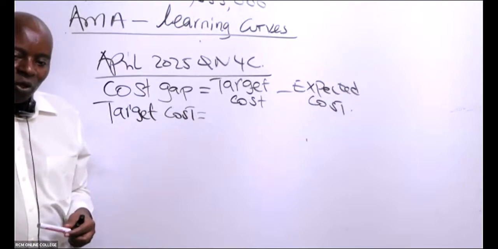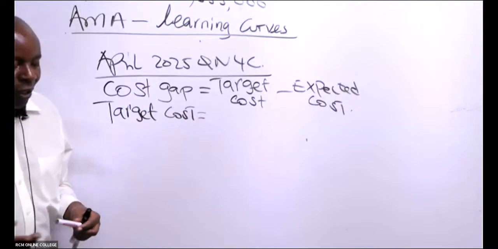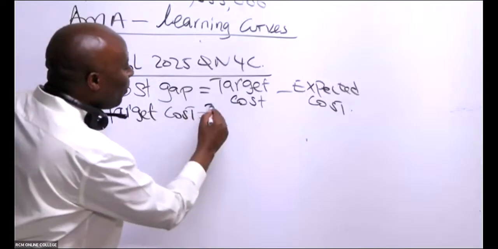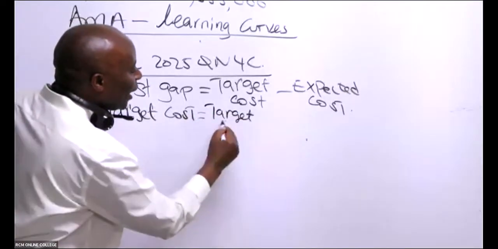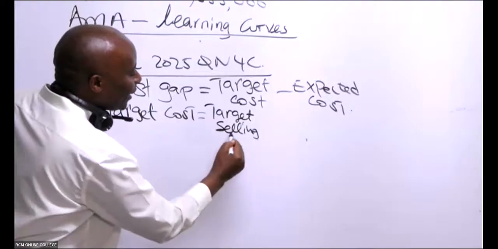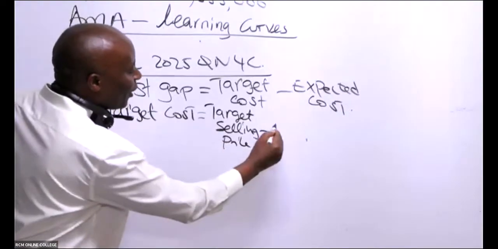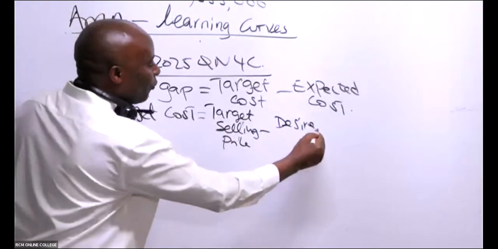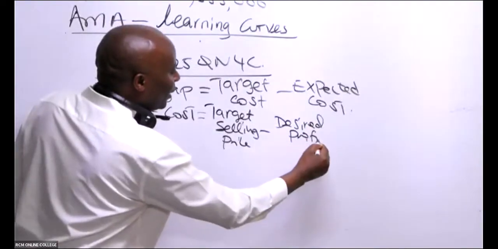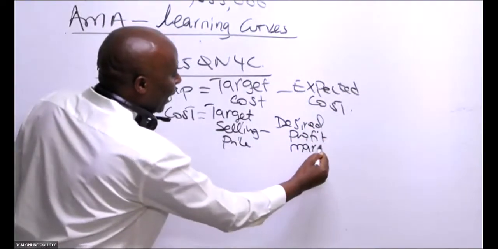How do we get target cost? It's a very simple formula. We normally take target selling price minus desired profit margin.